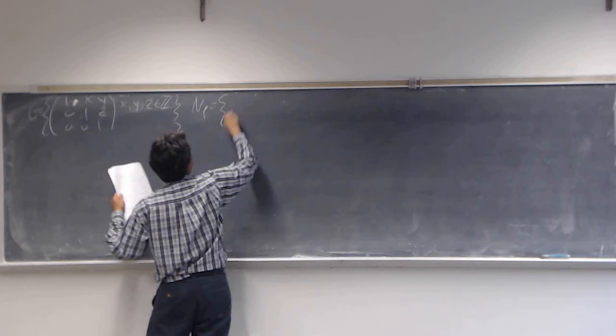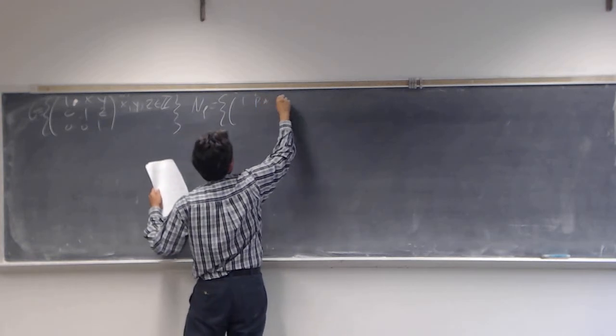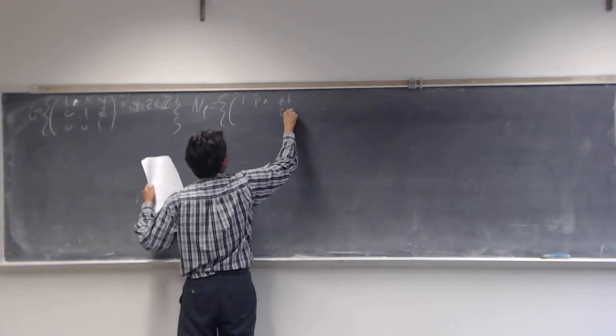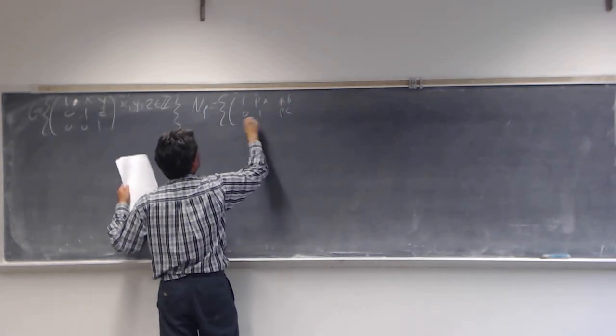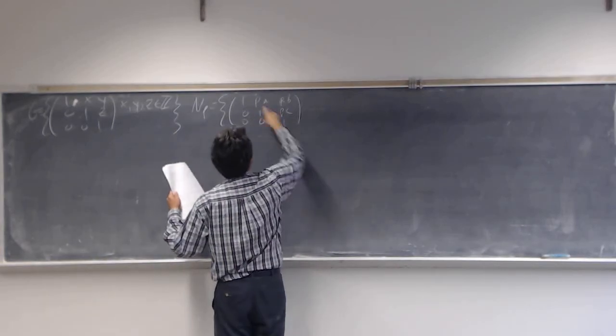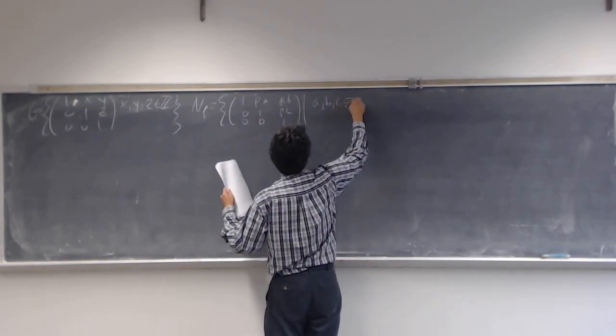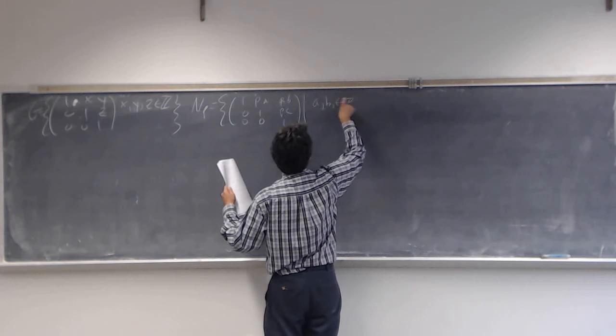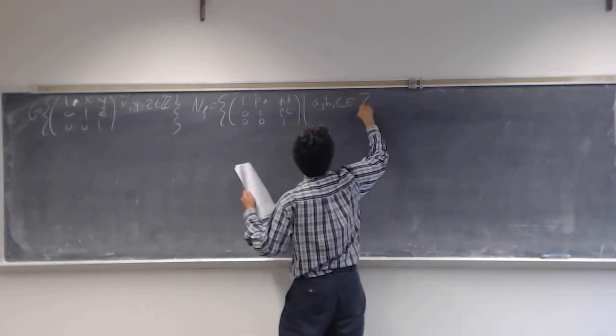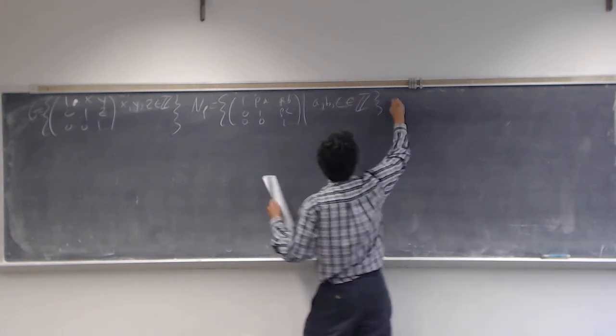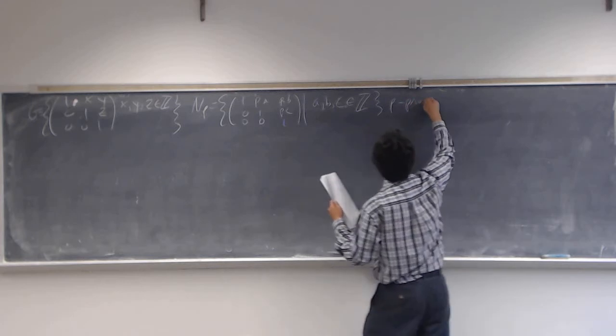And N sub P is also built from 3 integers, but they're not completely arbitrary. Each of these elements is a multiple of P. So A, B, and C are elements of Z. Here, P is a prime.